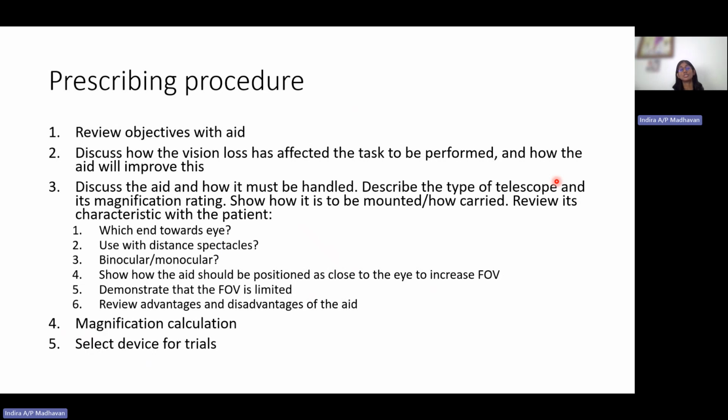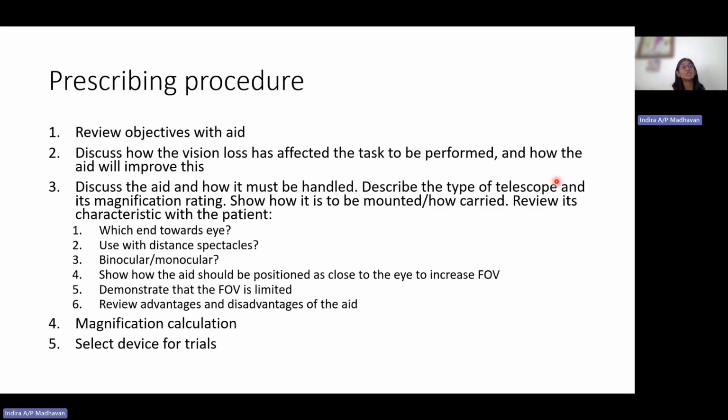After doing the refraction, we found that the eye power is not sufficient for you to do that activity in school. So we're going to try a new device known as a telescope, to see whether this device can help you to see the blackboard or whiteboard better in school.